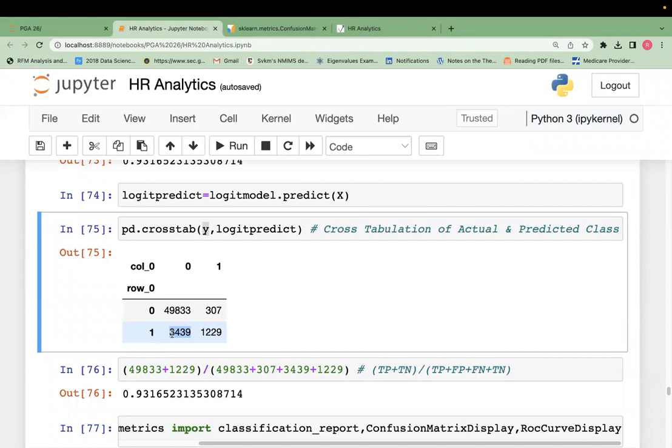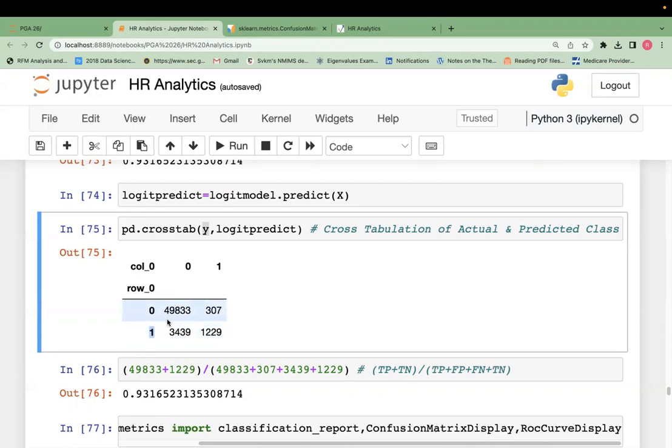Even if they're working hard, even if they achieve the training score, they've performed well, if they are not getting promoted, what will they do? They will leave the organization, which is a dangerous scenario. Logistic regression is not able to correctly identify people who are going to get promoted, because as per data this is 1, but the predicted is 0. This is your false negative, which is the problematic scenario.